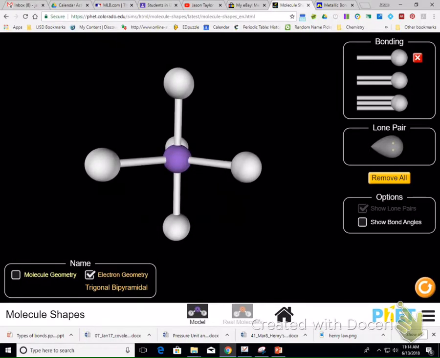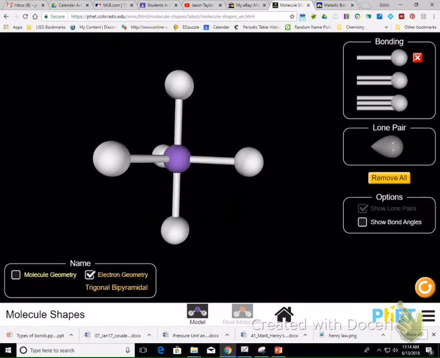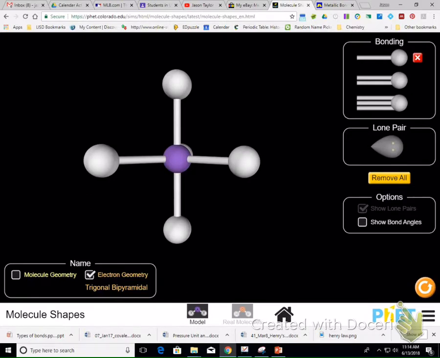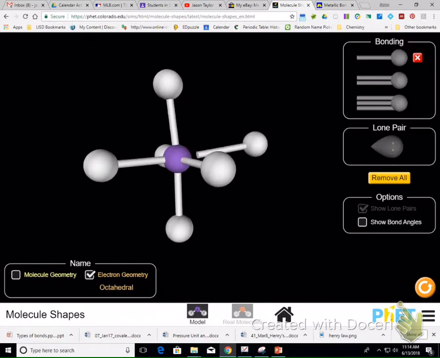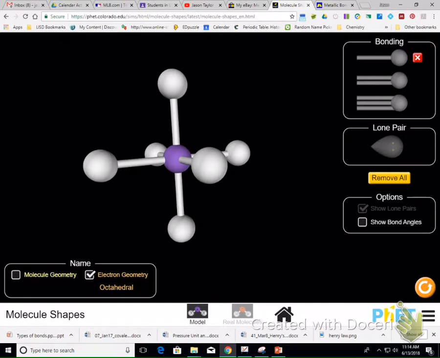Believe it or not, this shape is still symmetrical. All the electron pulls would cancel. So if you're in this electron domain geometry and all of your terminal atoms are the same, you do have symmetry.